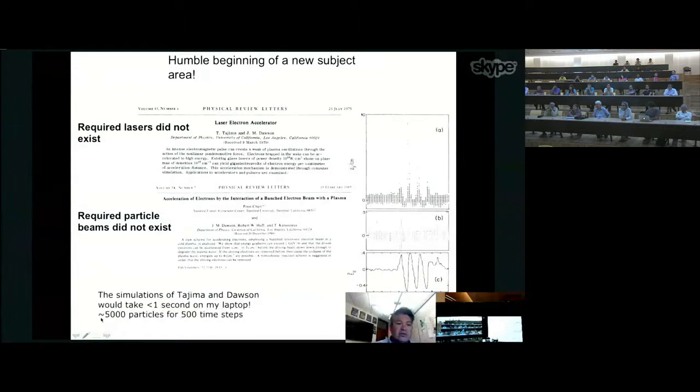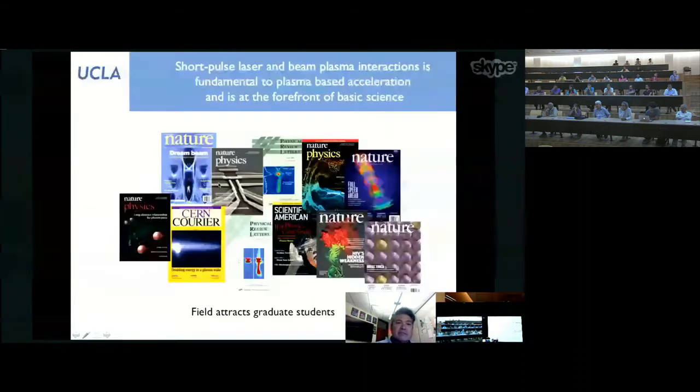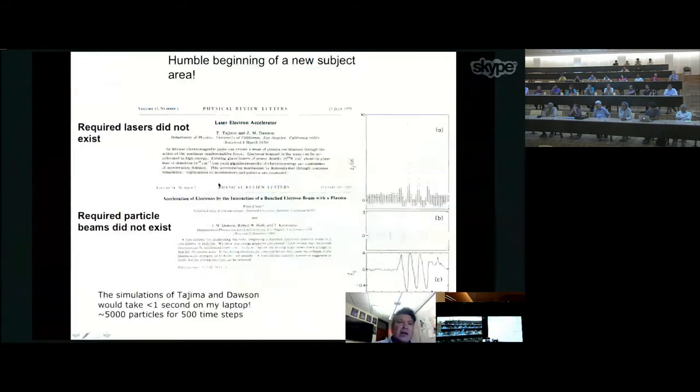So for those who are doing particle-in-cell simulations now, they used only 5,000 particles for 500 time steps. So the point is that if you're creating a new effort, remember the required lasers and the required particle beams did not exist when these papers were written. And I'll come back to that, and it's kind of a lesson.